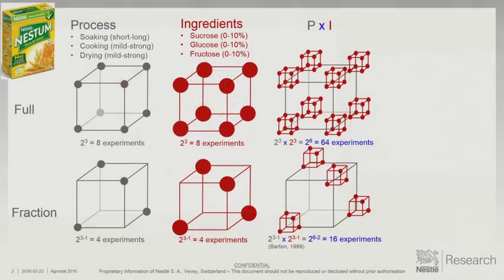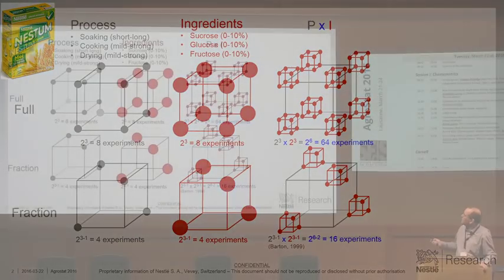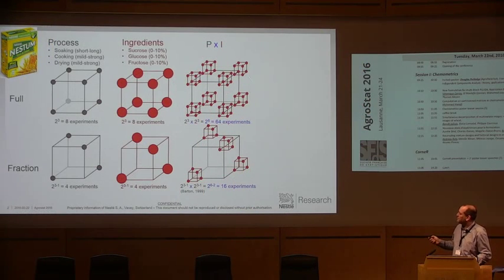There was a nice book in '99 by Mr. Barton where he was making a lot of this type of drawings, where you can see that if I want to make all these ingredient mixes at each process setting, then it makes 2^3 times 2^3 equals 2^6, which is 64 experiments.